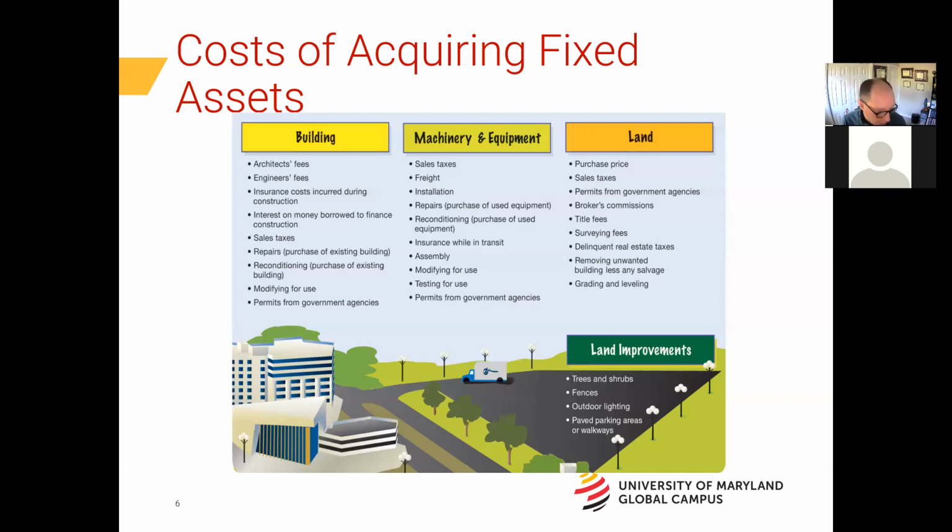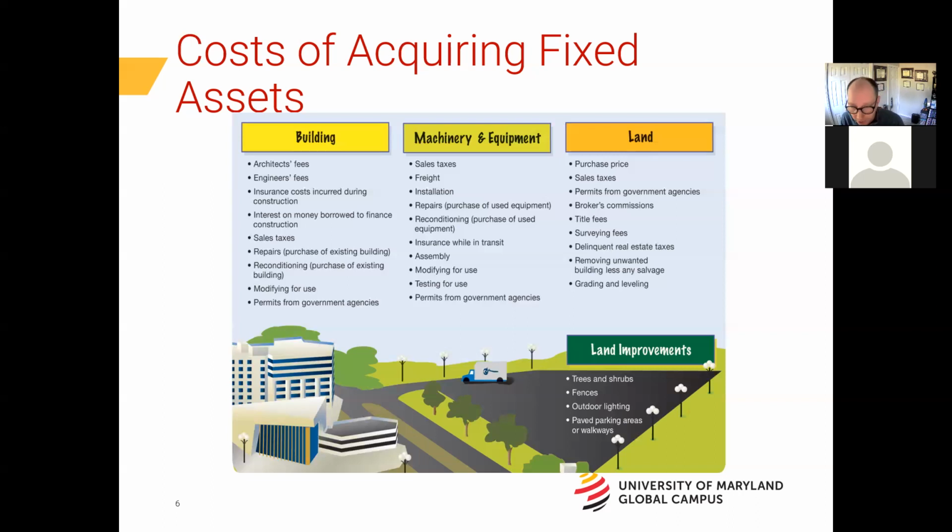So all of those costs, you add them all up in addition to the initial cost of the machinery, and that's your total cost for that asset. And the same thing for land. With land, we have the land itself, which is the purchase price. You've got sales tax, permitting, brokerage commissions, titling fees, surveying fees, real estate taxes, removing any unwanted things on the land, grading and leveling, and so forth.